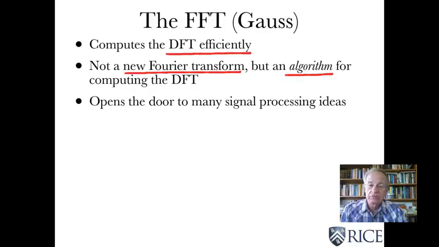It does nothing different than compute the DFT, but very efficiently, which means very quickly. So it has no more properties in terms of linearity and the signal properties that we associate with the DFT. It's just a way of computing it. So there's nothing new in that regard.